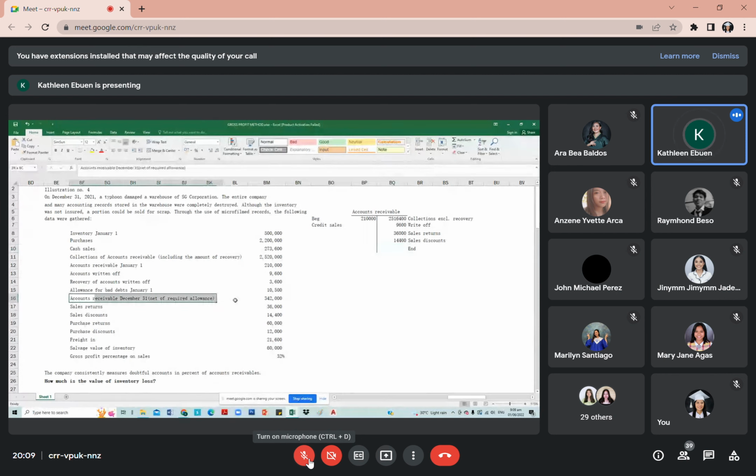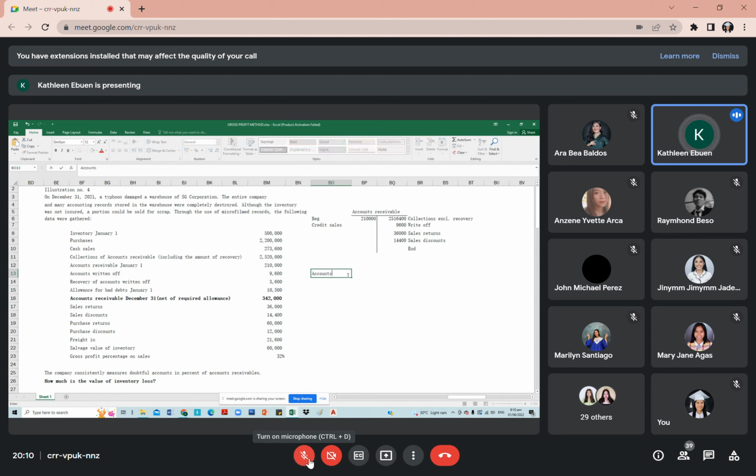Ending AR, binigay sa atin class. Net of required allowance, ibig sabihin, binawas niya dyan si allowance for doubtful accounts. No? Eh di ba pag nag-T account tayo dito, hindi pa natin binabawas si allowance for doubtful accounts. So therefore, kukunin natin yung gross amount ng accounts receivable.